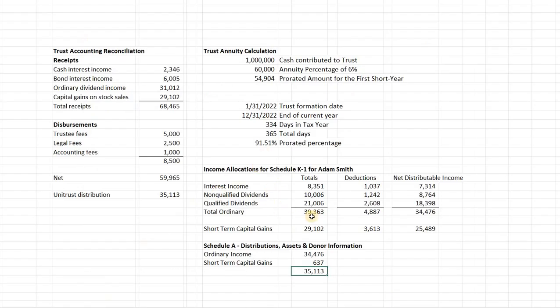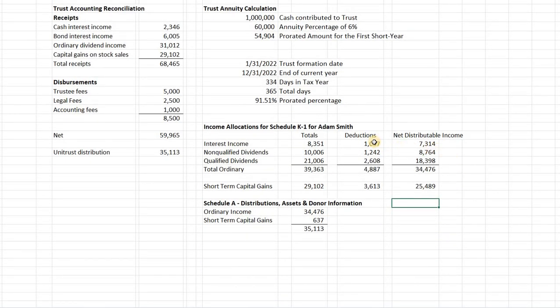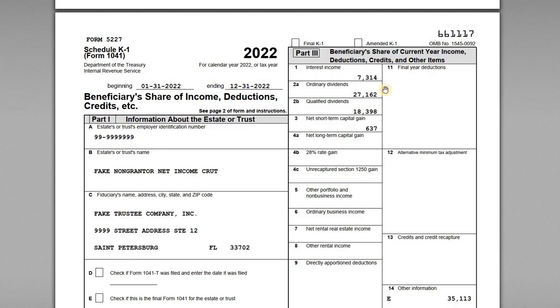So we go back to our income allocations here, and we can see how we separated all these out. So after we allocated the deductions and we distribute everything out here per the Schedule A, we can see that the interest should be $7,314. So we've done so here on line 1.